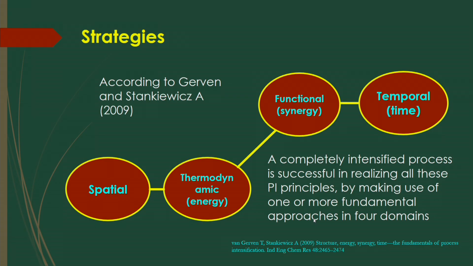Temporal, like you have to use less time for your production, because if you are consuming higher time, you may consume more energy, and more capital cost should be required.